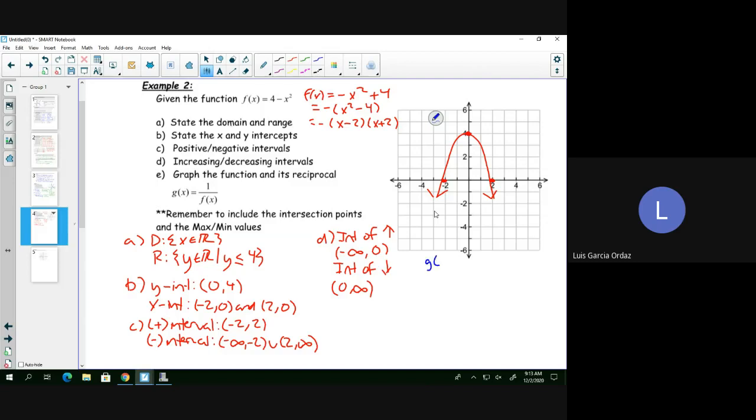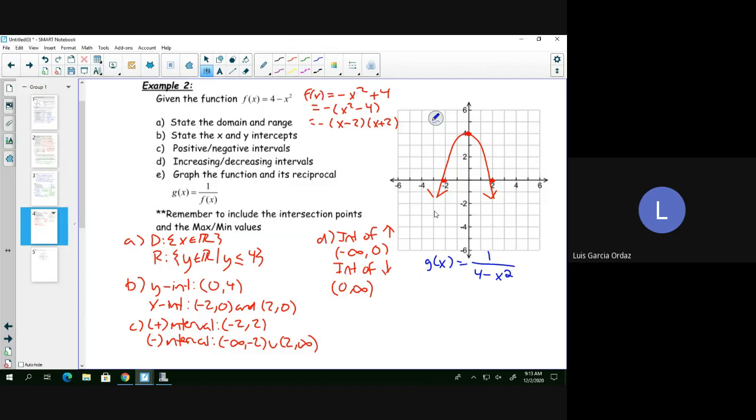g of x is equal to 1 over 4 minus x squared. So where are our asymptotes going to be? Negative 2.